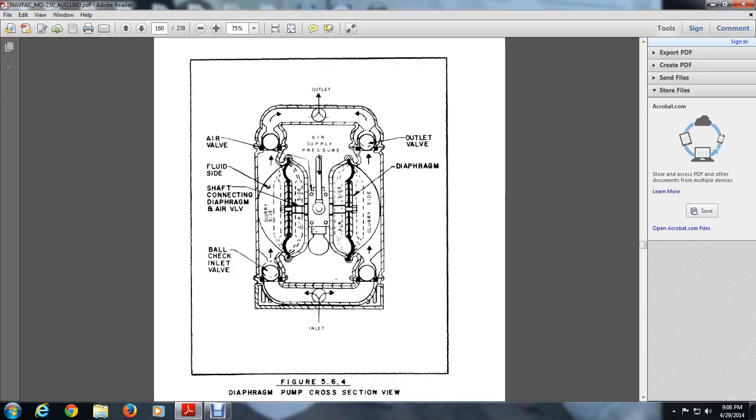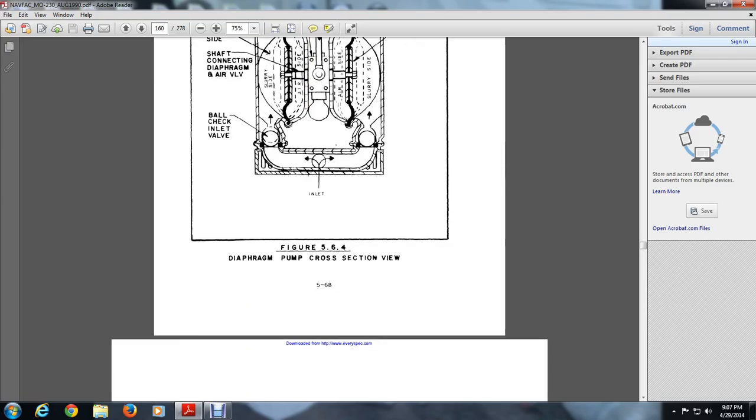There's an air supply pressure given straight into the diaphragm, which has two sides, an air side and a fluid side, and the shaft connects down to the air valve. So the inlet comes into the ball check area, then stays in the diaphragm, and while the air pressure supply valve operates, the fluid goes out through two outlet valves.